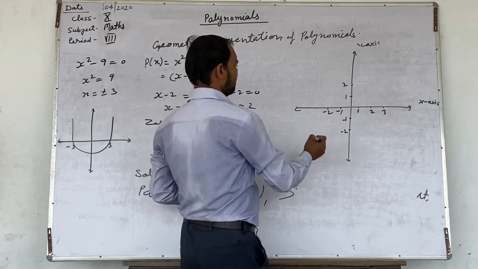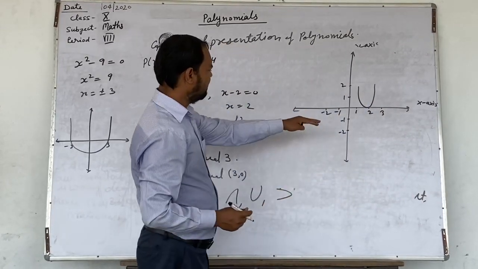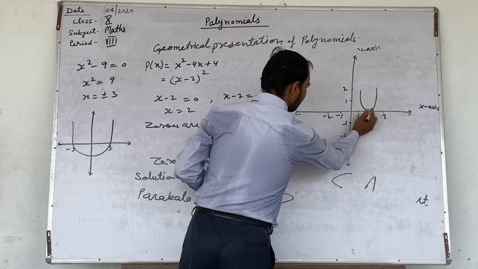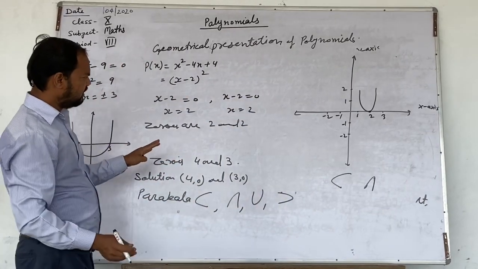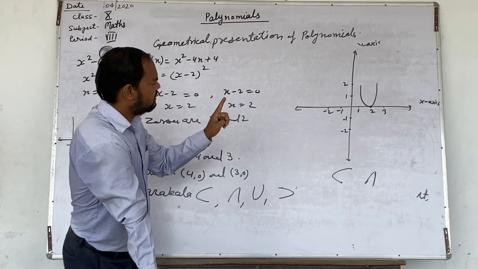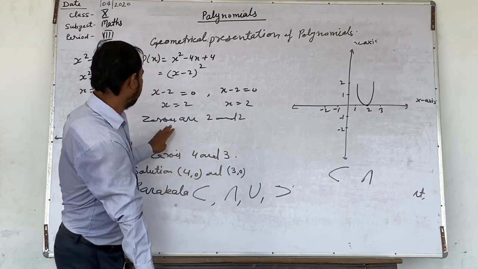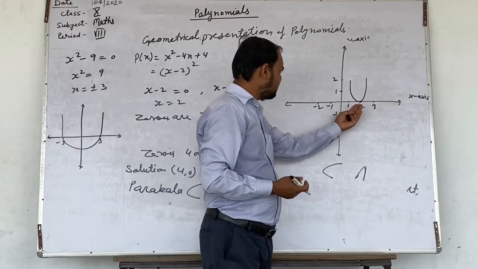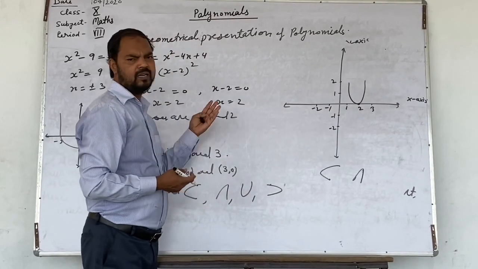So the graph will be like this, or this type of parabola. We want to show this point. You can see that the graph intersects the x-axis at only one point. But in this case, zeros are 2, because the zeros are repeated.